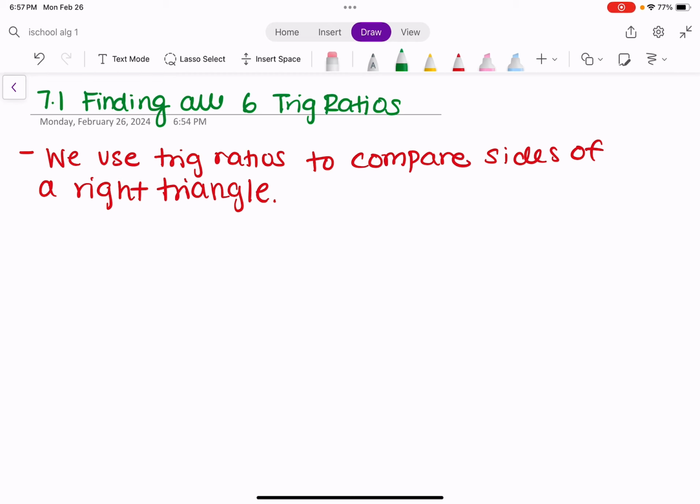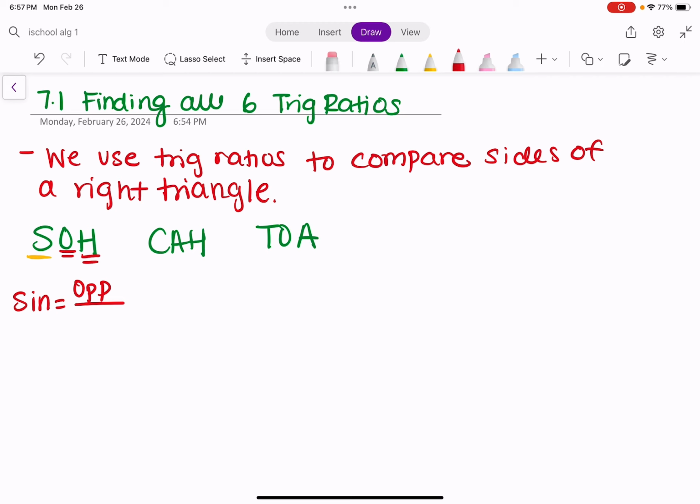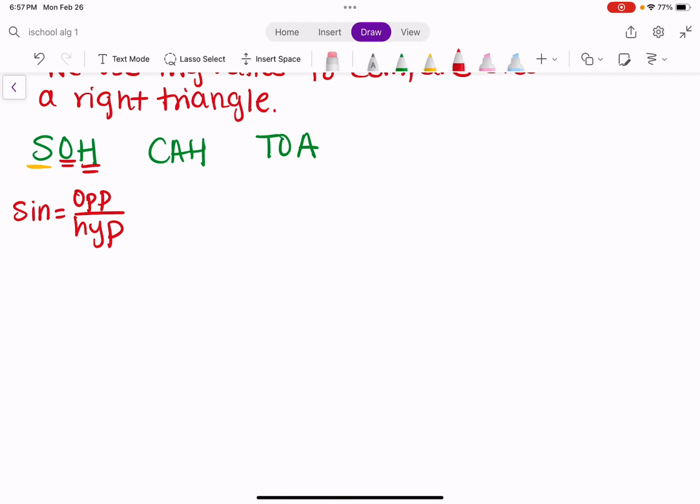And the easiest way to remember it is if you remember SOHCAHTOA, right? And so remember the first letter, in this case it's S, that means sine. The O means opposite, and then the H means hypotenuse, right? So sine equals opposite over hypotenuse.